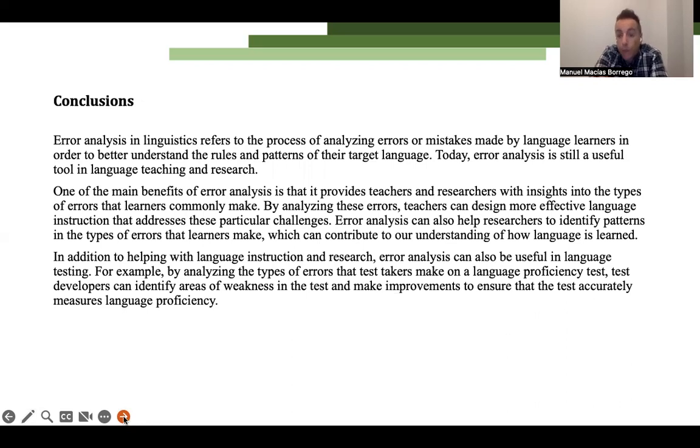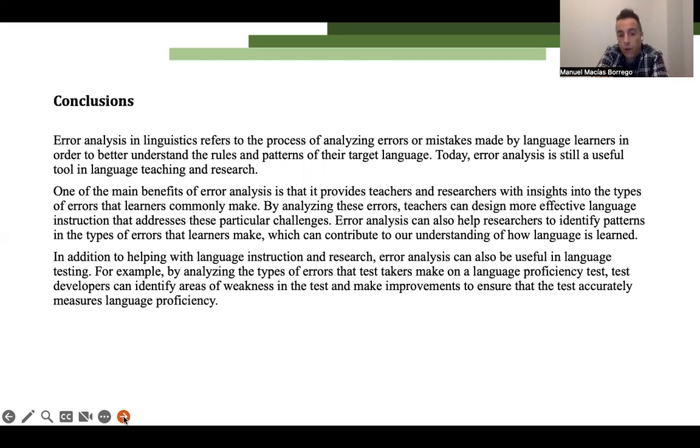Error analysis in linguistics today refers, and continues, as in the classical and canonical definition, to be the process of analyzing errors and mistakes made by language learners in order to better understand the rules and patterns of the target language. Today, error analysis is still, in my opinion, a very useful tool in language teaching with very interesting results.